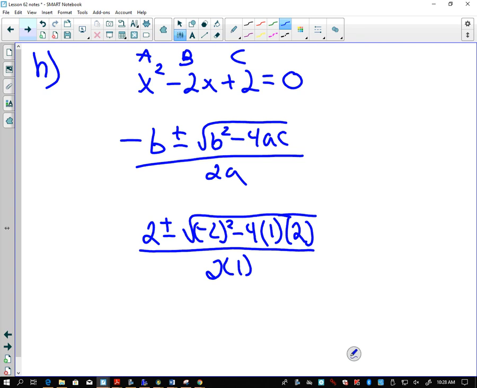All right, now we need to go ahead and do some of the math inside here. We've got negative 2 squared, which is 4, and minus 4 times 2. So I actually have 4 minus 8, right? Negative 4 divided by 2. Now I need to simplify that square root of negative 4.